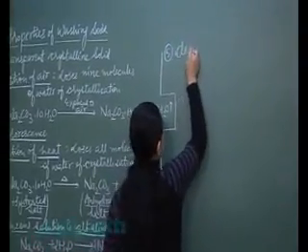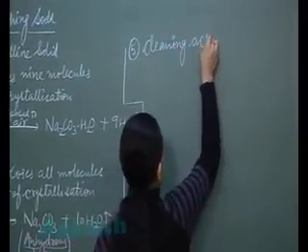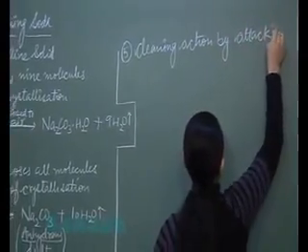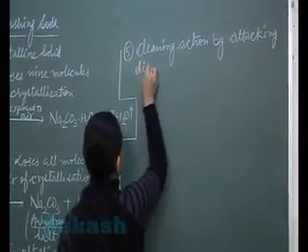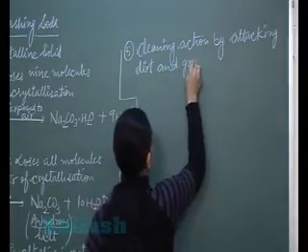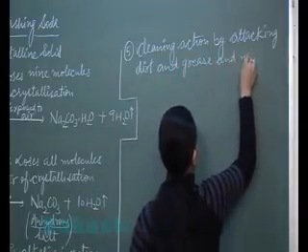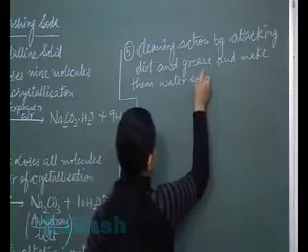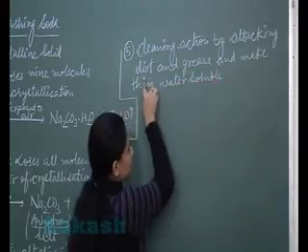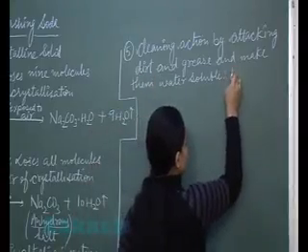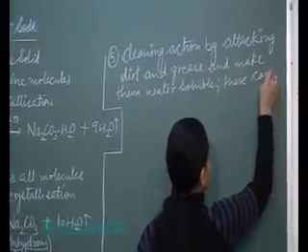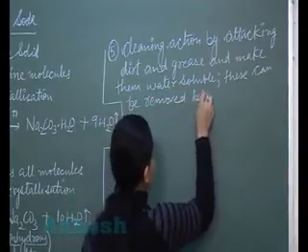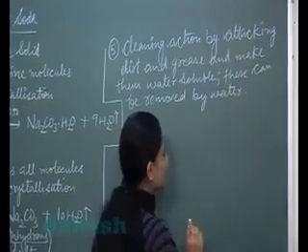So it has a cleaning action by attacking dirt and grease and making them water soluble, and as it makes these grease and dirt water soluble, therefore these can be removed by water. So students, I hope these properties of washing soda are clear to you.